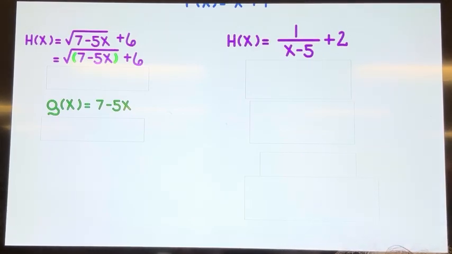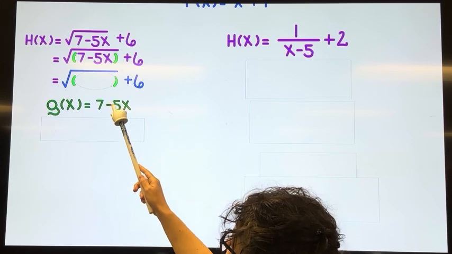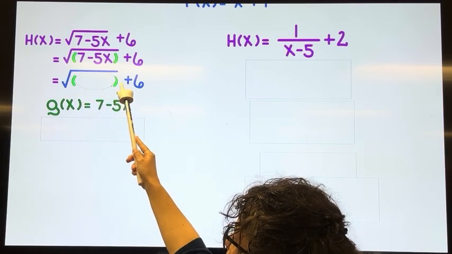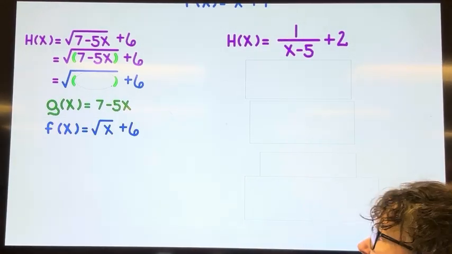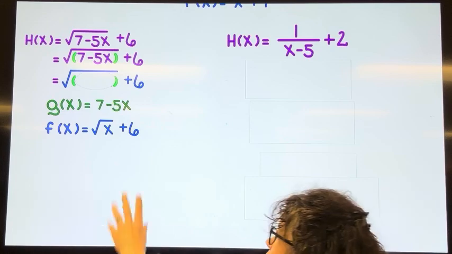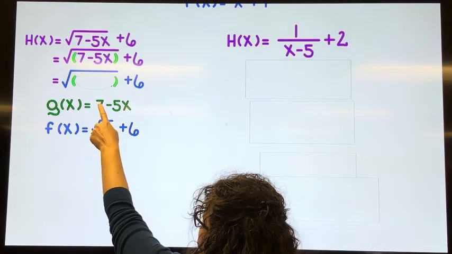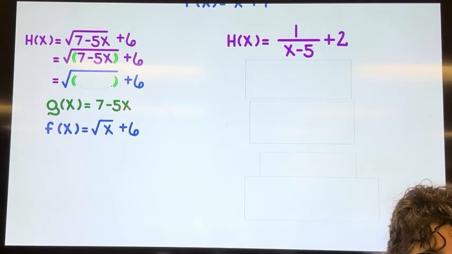And then if I wipe that out, what it was before I inputted 7 minus 5x would have been the square root of x plus 6. Okay, going backwards, if I said find f comp g, you would start with the f function, replace this x with 7 minus 5x, and we would be back to the original.